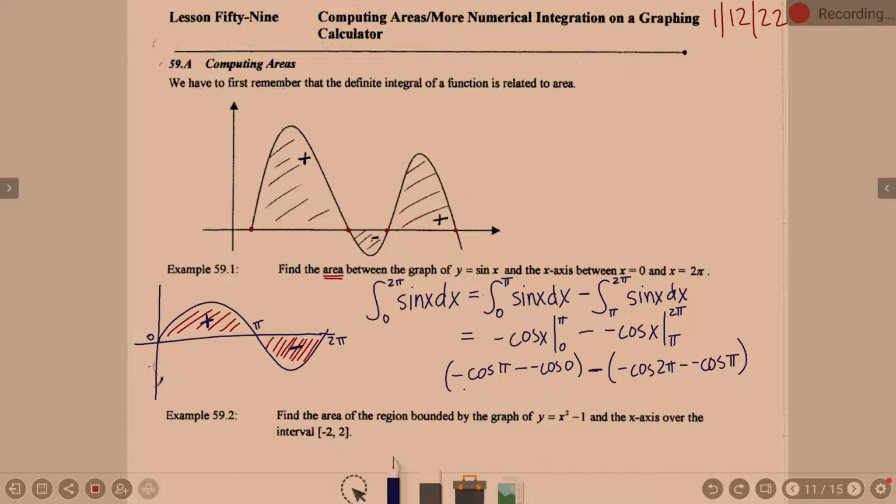Okay. We have our cosine curve right here to help us with these values if you want. So cosine of pi. Oh, never mind. Forget what I just said. We have a sine curve there, don't we? That doesn't help me with values of cosine. Dang it.